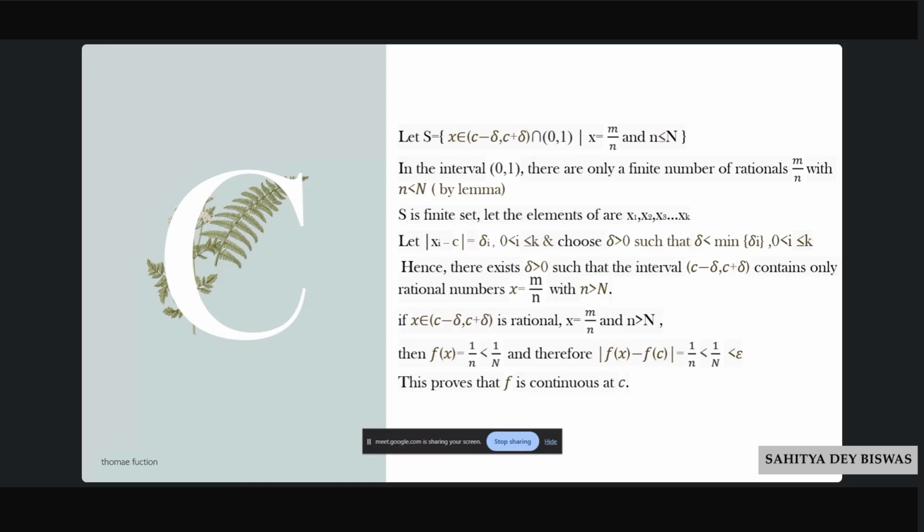So now in the open interval of c minus delta and c plus delta, there are only those rational numbers whose denominator is greater than capital N.